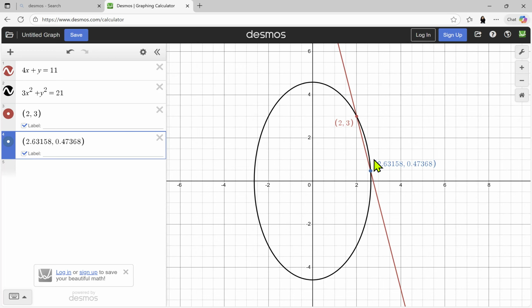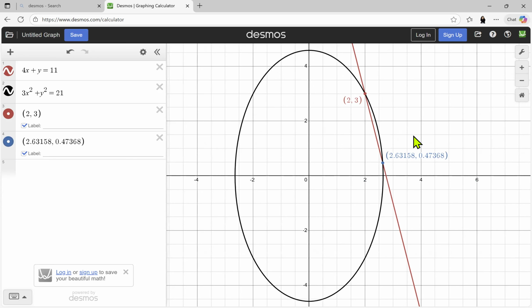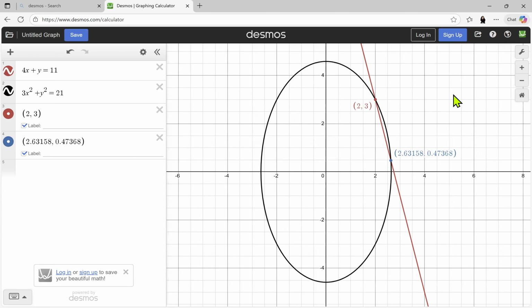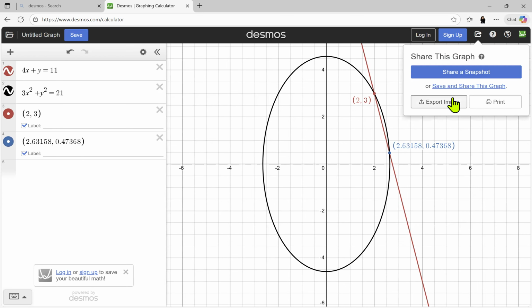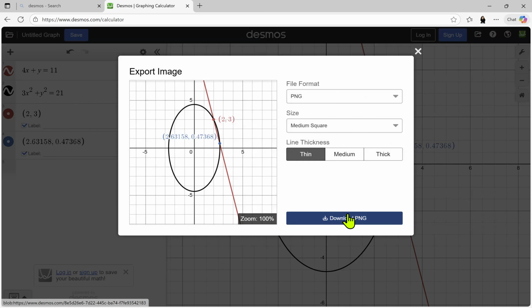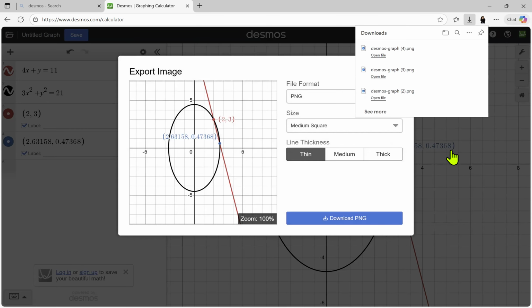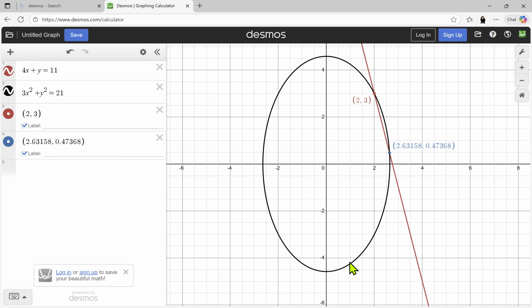But this is just the solutions as decimals. So this equation, 3x squared plus y squared is 21, is actually the equation of a circle, right? So this is when you're solving a pair of simultaneous equations where one is linear and one is a circle. And like I told you, you're not going to have to learn the graph of a circle. You don't need to know anything about that in regular maths. Add maths, yes, but not regular maths.